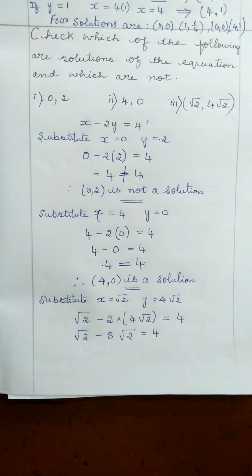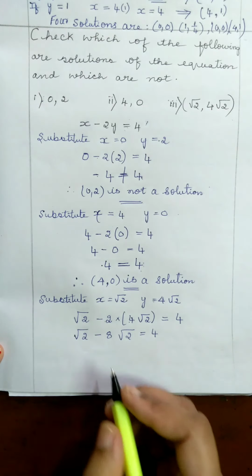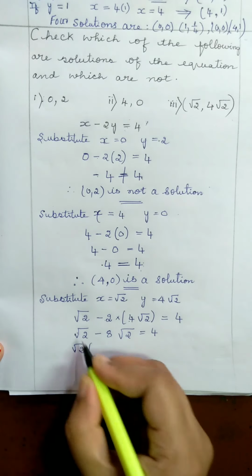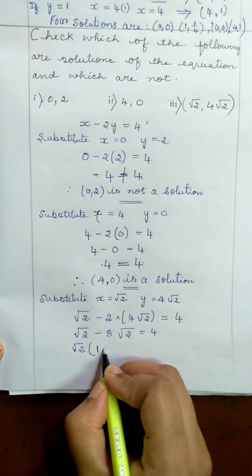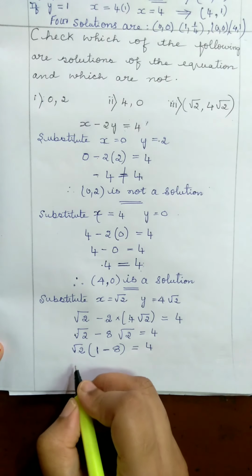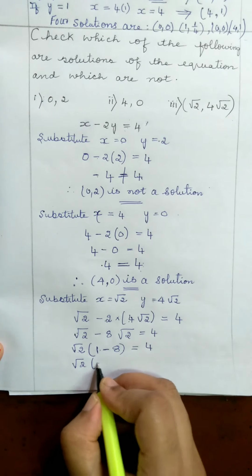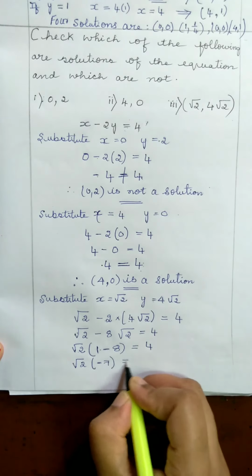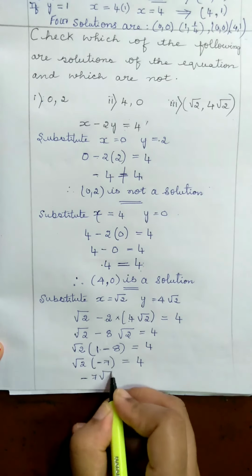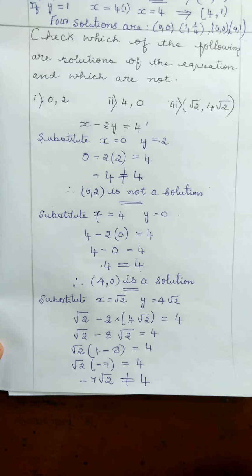Now we have root 2 minus 8 root 2 on the left hand side of the equation. So take root 2 as common. When you take root 2 as common, 1 minus 8. In the next step, root 2 into (1 minus 8), it will be minus 7 root 2, which is not equal to the value of 4, that is RHS.